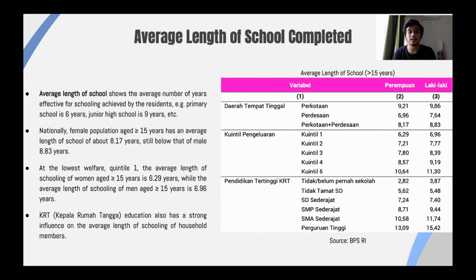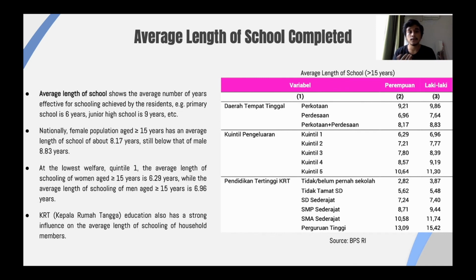And as you can see, the first column of the table shows that at the national level, both male and female students achieve around 8 years of school completion, where males achieve about 8.83 years and females about 8.17 years. Of course, that also differs if they live in the cities or in the villages.